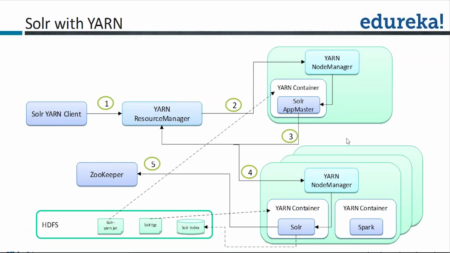It separates resource management and job scheduling from data processing in a Hadoop cluster. This is how you can use YARN along with Solr, the Spark distribution, and HDFS in a particular YARN cluster. In other words, it allows different jobs to run in a Hadoop cluster without affecting the resource management and job scheduling. This is basically segregated.